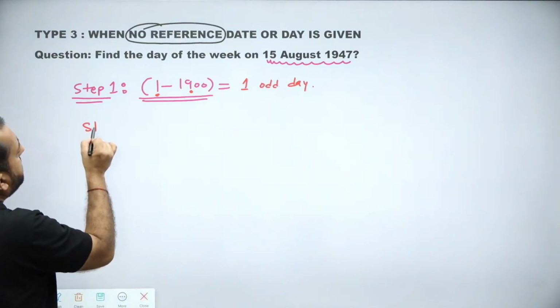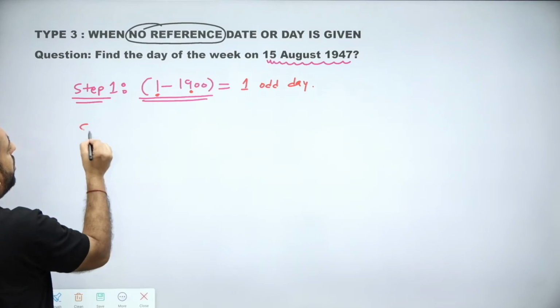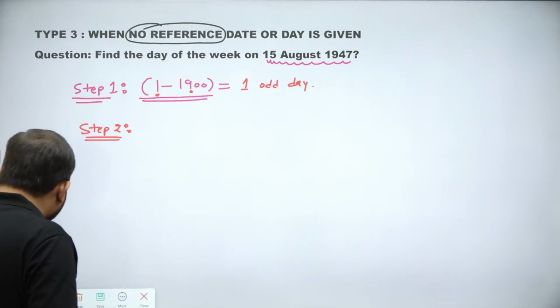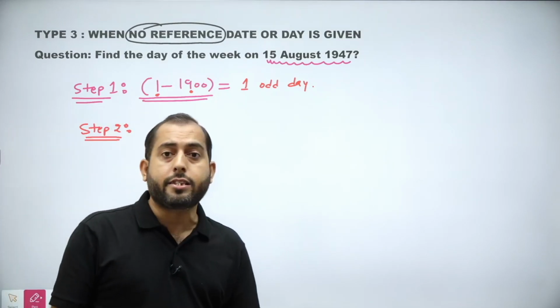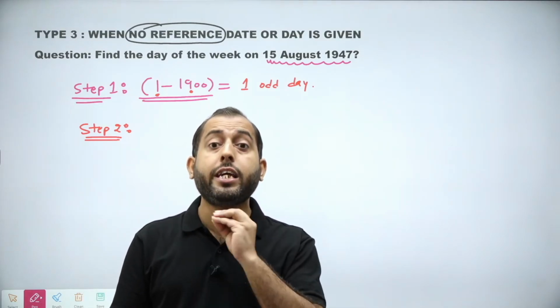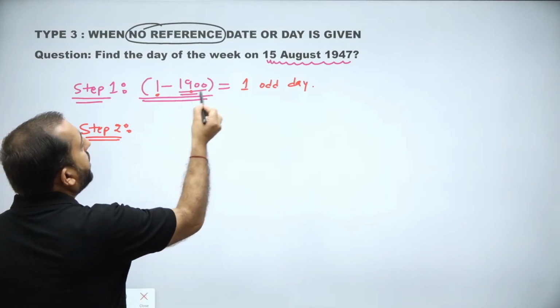Now in step number 2, please write it down carefully. In step number 2, we will write down all the odd days for the years completed. Kindly underline this. Till 1900 we have calculated everything.